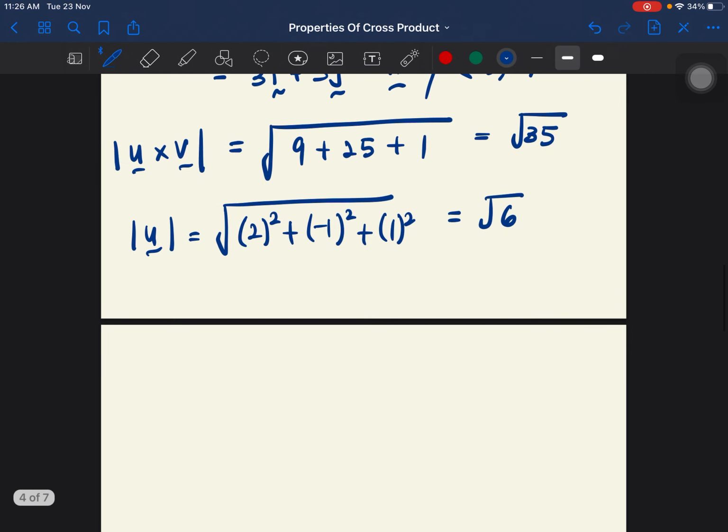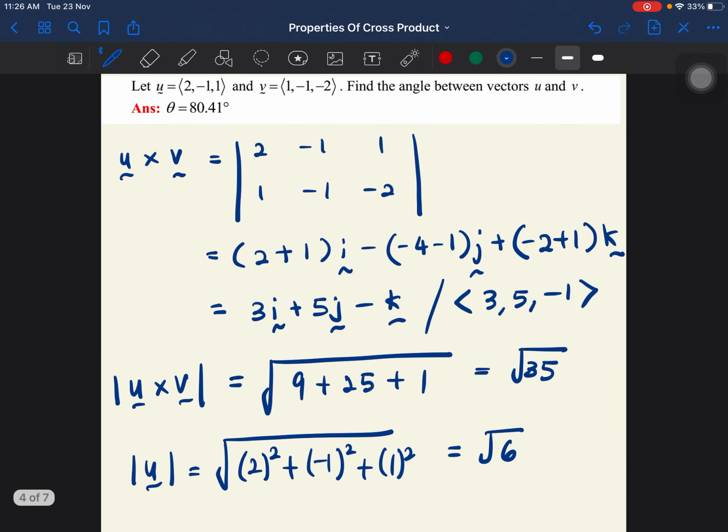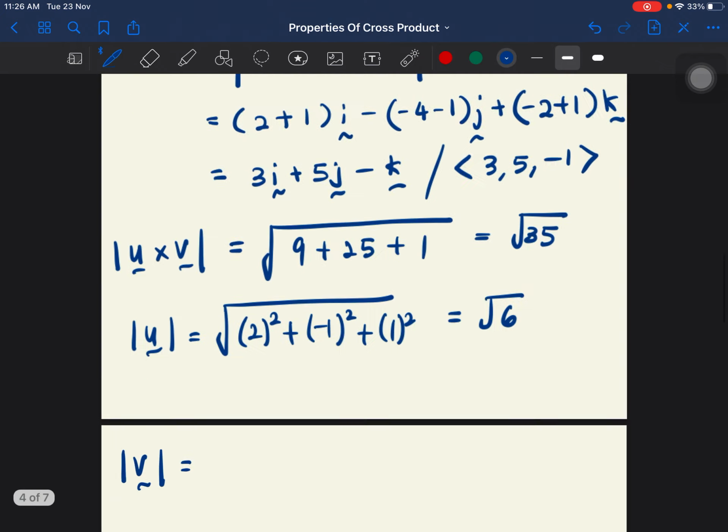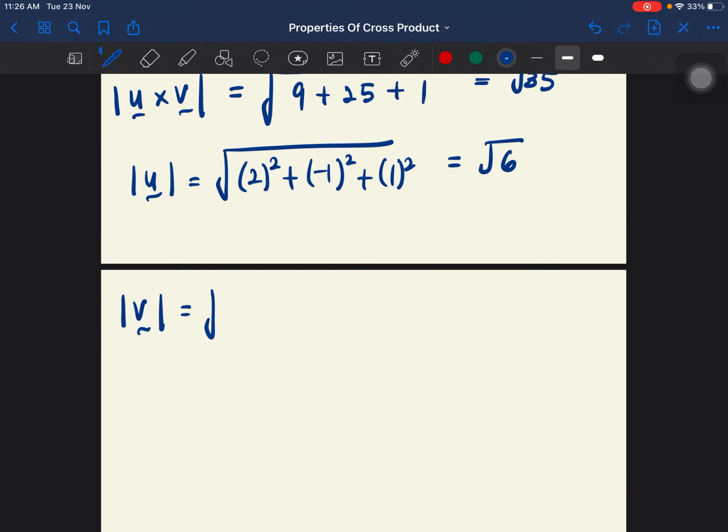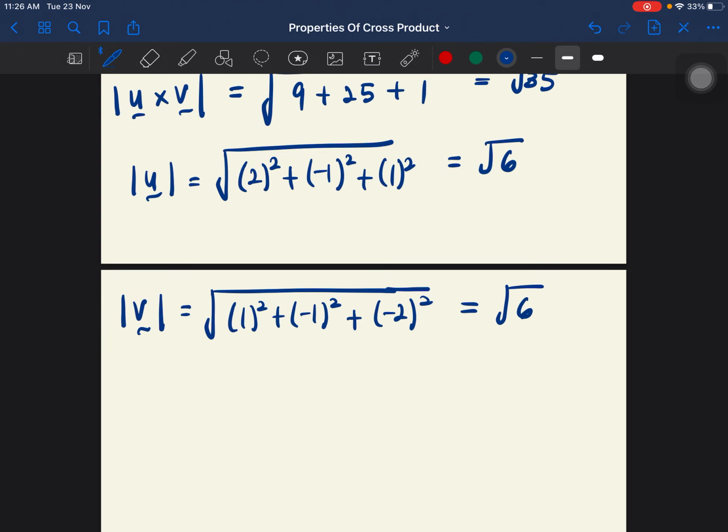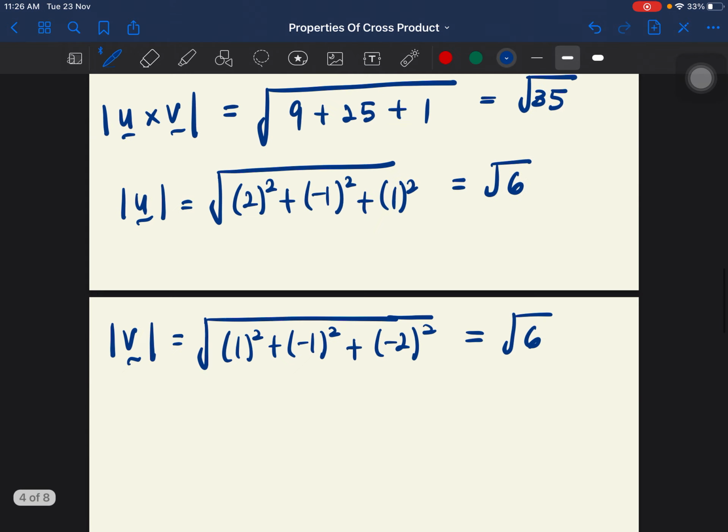And the next one, you need to get the magnitude of V. What is your vector V here? 1, negative 1, negative 2. So the magnitude of V is equal to the square root of 1 squared plus negative 1 squared plus negative 2 squared, which is also equal to square root of 6.